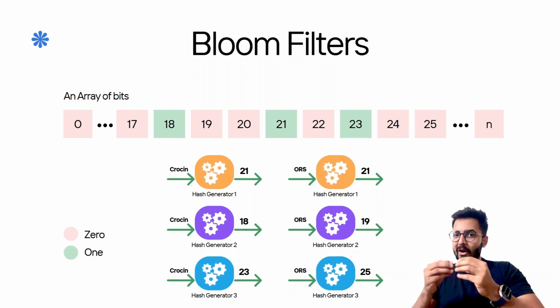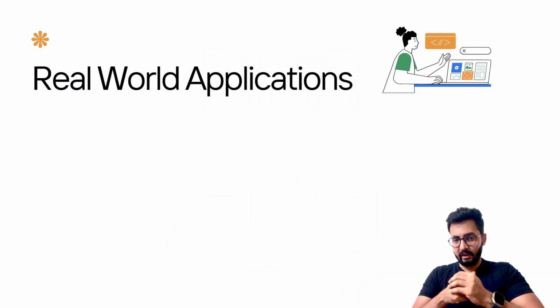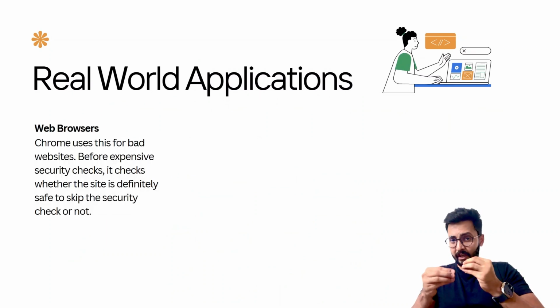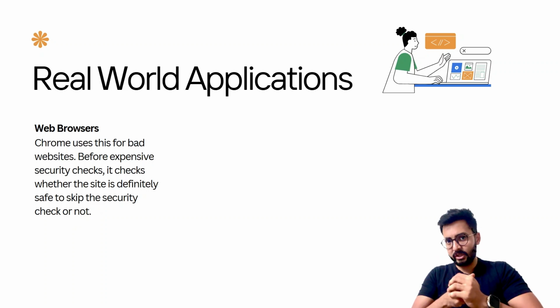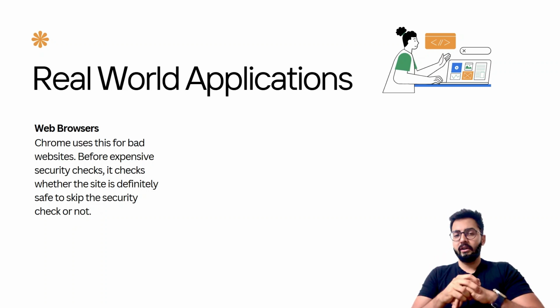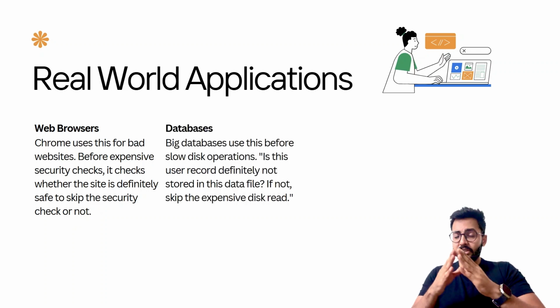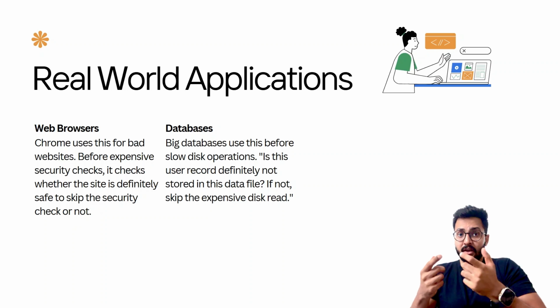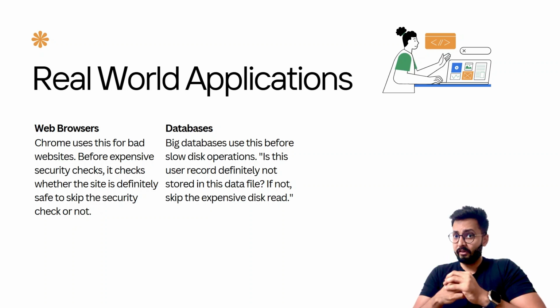So now let's talk about real world applications. Starting with web browsers, they use this for bad websites, like before expensive security checks, it checks whether the site is definitely safe to skip the security check or not. Big databases use this before slow disk operations. It checks whether this user record is definitely not stored in this data file.